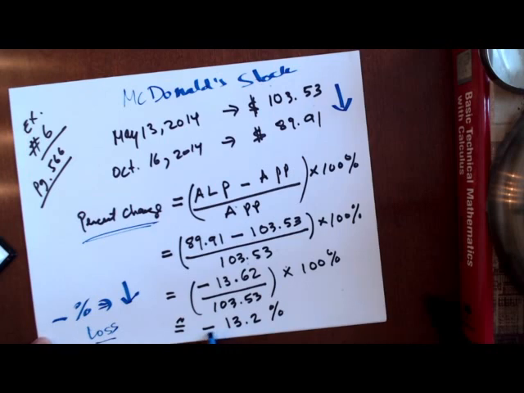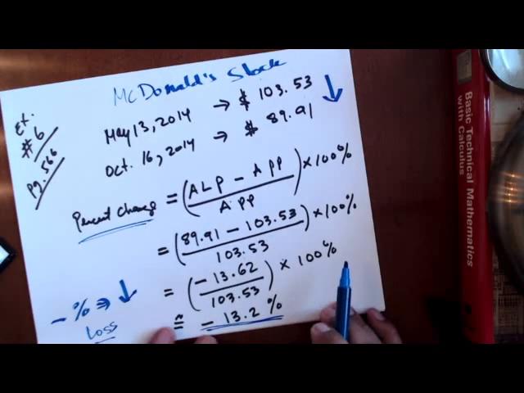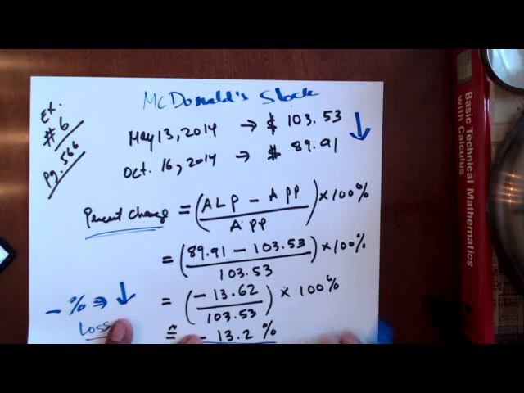So a negative number in this case means that the value of the stock at one point was high, right?